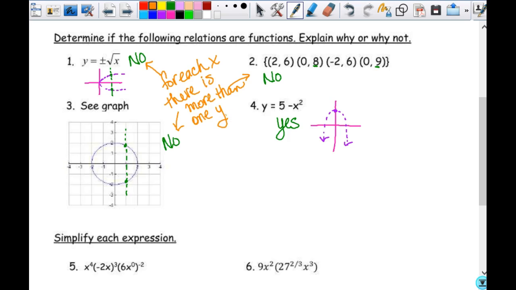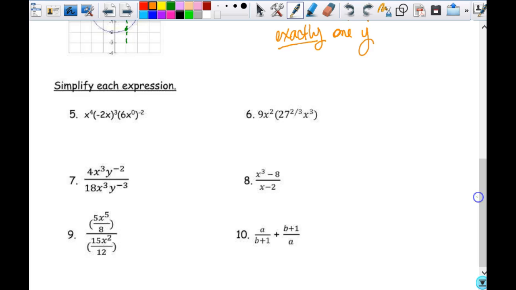And then for this one, for this yes, it's going to be for each x, there is exactly one y. That exactly is important.